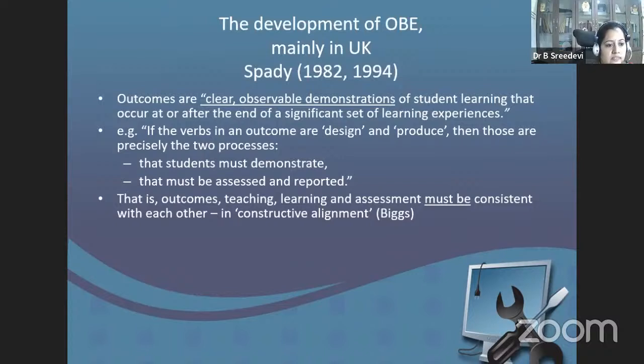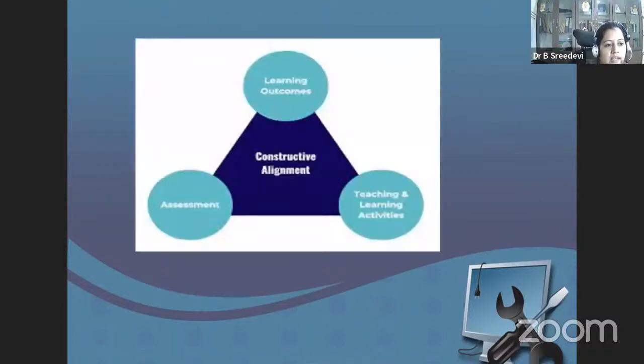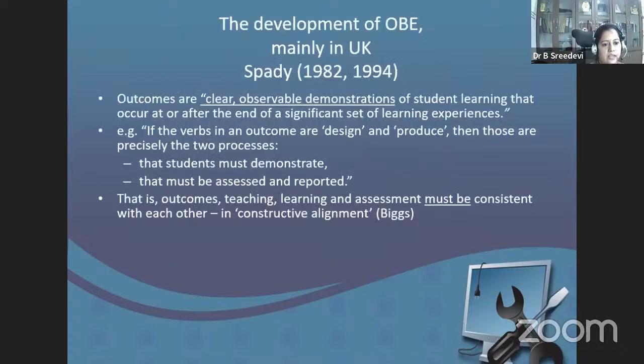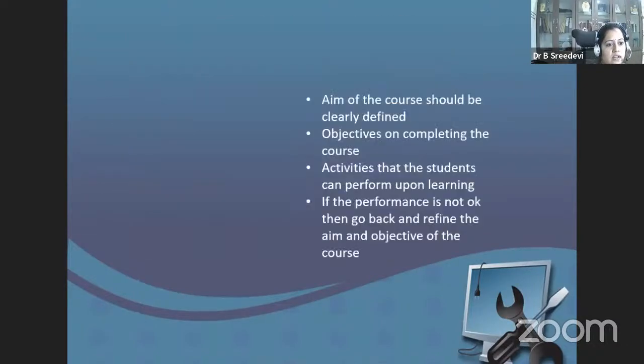Whatever outcomes you define should work along with the teaching-learning activities. After the teaching-learning activities, an assessment should be made, either formative or summative, and this process is repeated till the learning outcomes are satisfied, which we call constructive alignment. So Spady's work is based on constructive alignment.